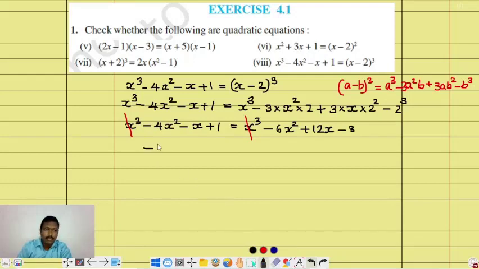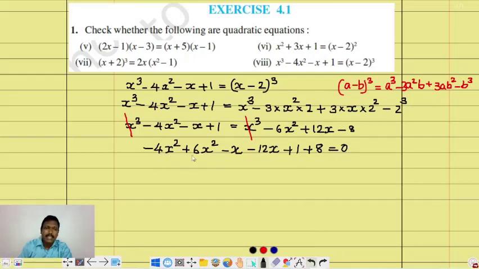So here we have minus 4x square and that minus 6x square you have to bring this side, so it will be plus 6x square, and minus x is here, and plus 12x you have to bring this side, so minus 12x, and plus 1 here, so left side plus 1 and right side we have minus 8, change to the left side, it will be plus 8 is equal to 0.